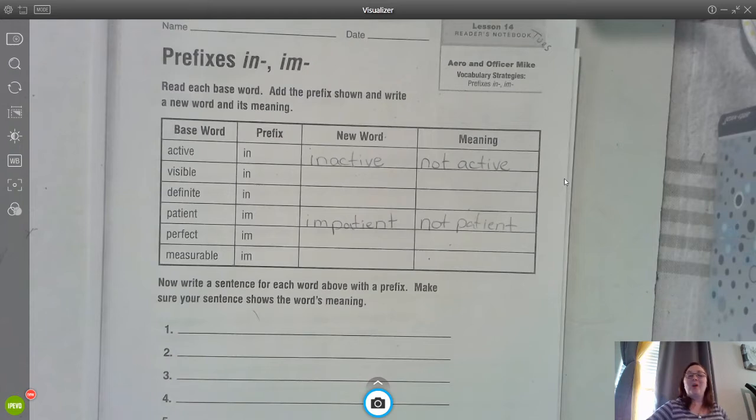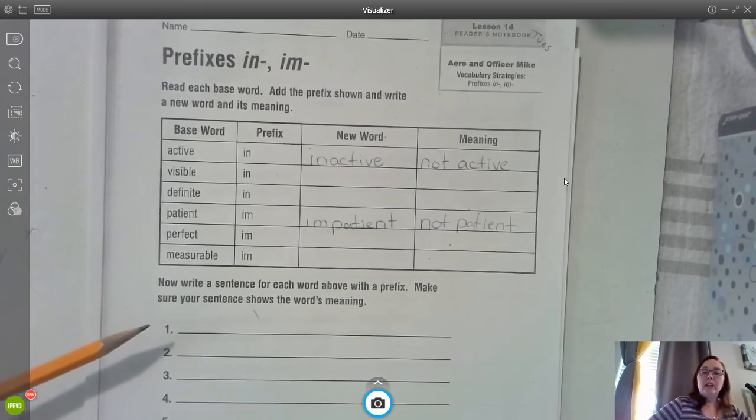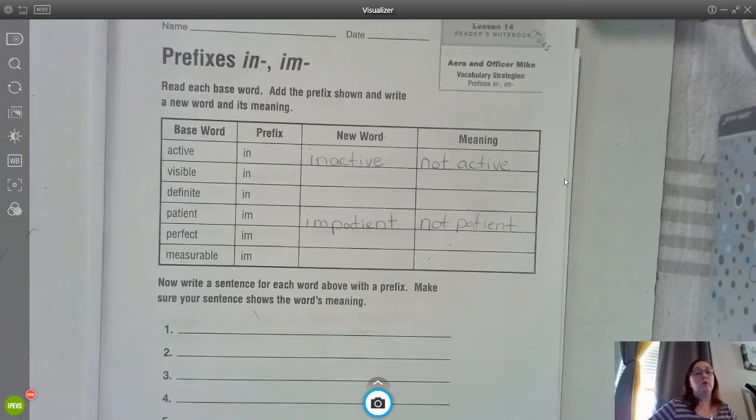Okay, so I'm going to let you do perfect and measurable on your own. I'm going to let you do visible and definite on your own. But take a look down here at what it wants us to do. Write a sentence for each word above with a prefix. Make sure your sentence shows the word's meaning.